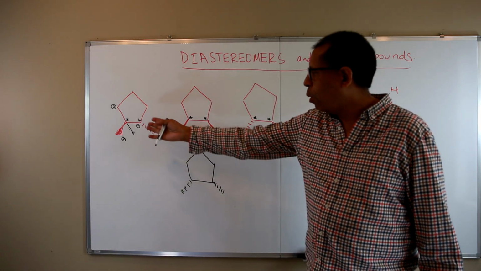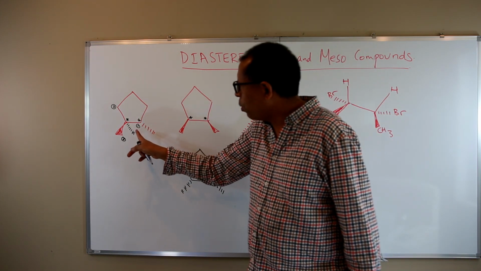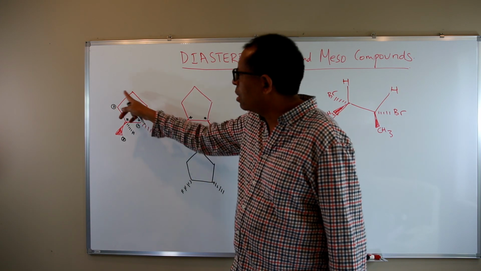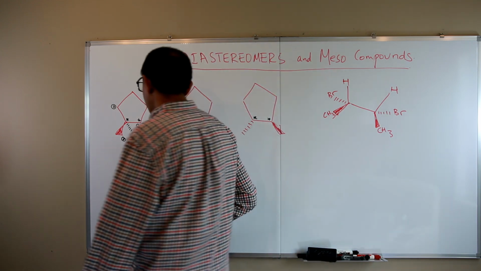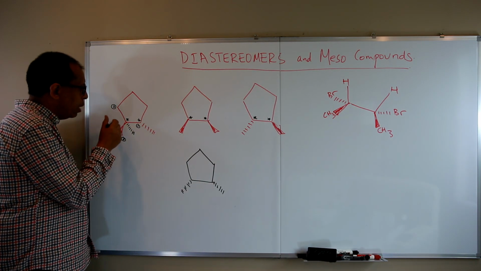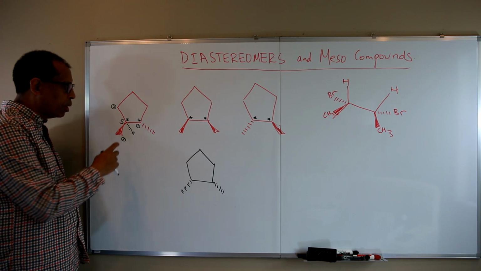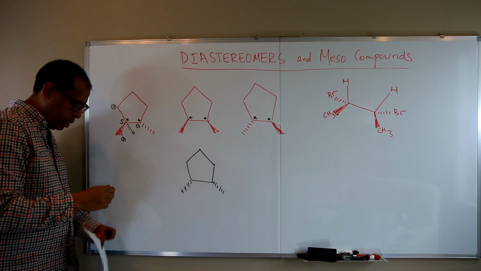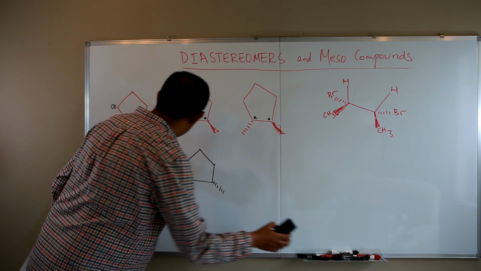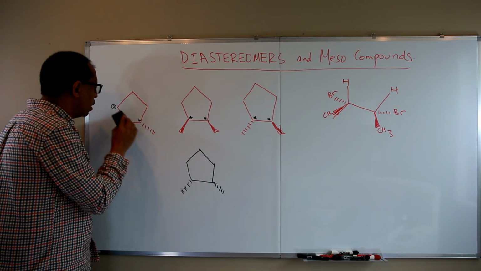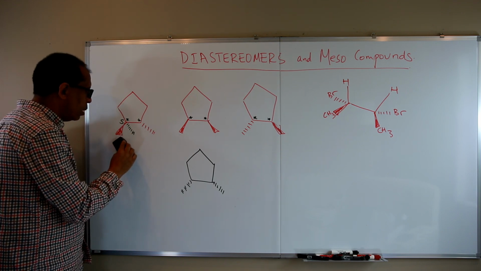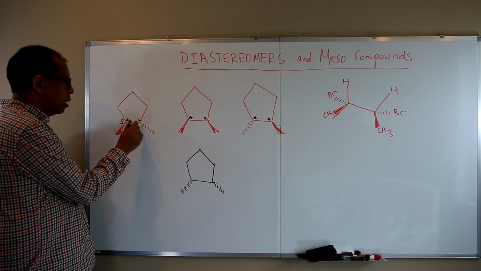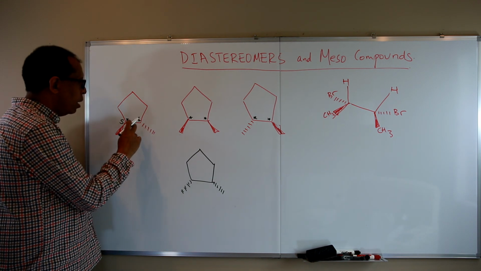We leave everything on the plane of the board, so we can just go from 1 to 2. That is counterclockwise. Therefore, this would be an S, because we are going from 1 to 2 in a counterclockwise direction. Now, I will just remove this to assign for that carbon, meaning that this carbon is the stereogenic center I want to assign it for.